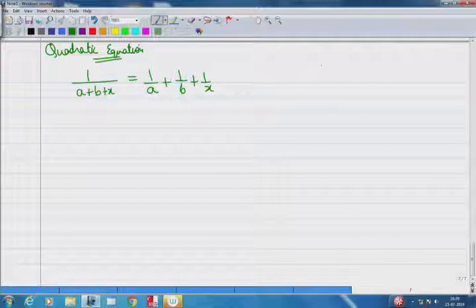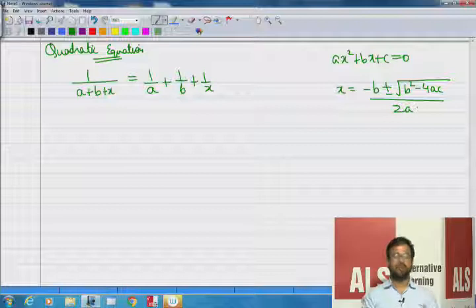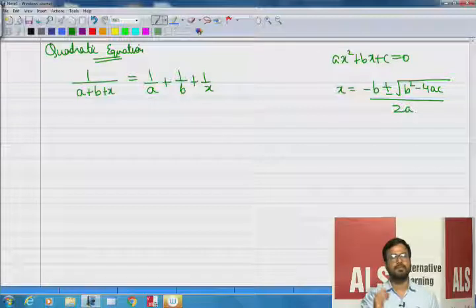One was the quadratic formula, second one was completing the square, and third one was the middle term splitting. So quadratic formula, if the equation is like ax square plus bx plus c is equal to 0, this was the quadratic equation. You have studied that x is equal to minus b plus minus square root of b square minus 4ac over 2a. This was the quadratic formula, and one was the middle term splitting and second one was the completing the square method.